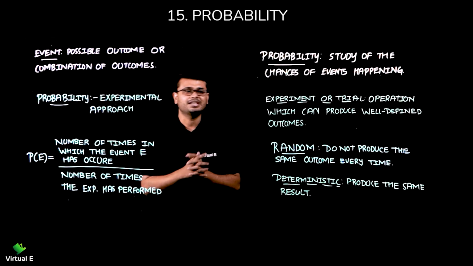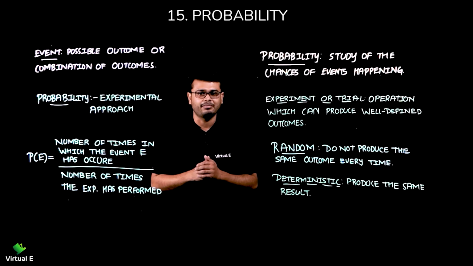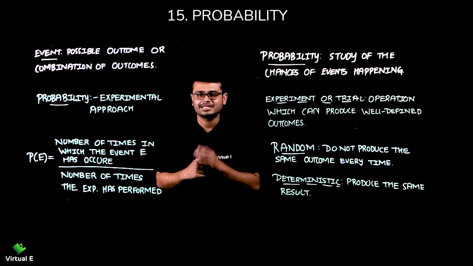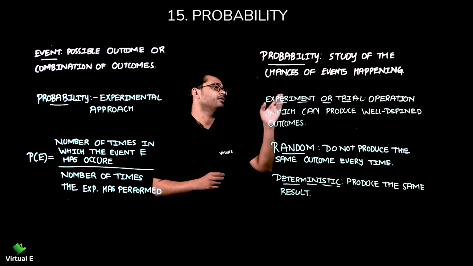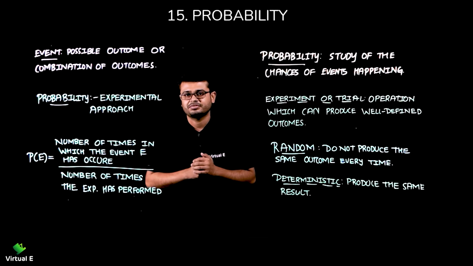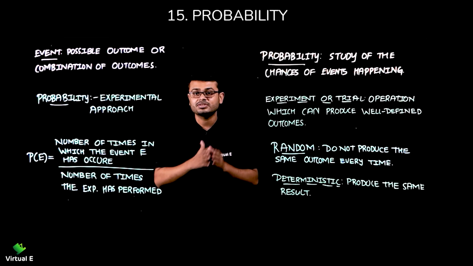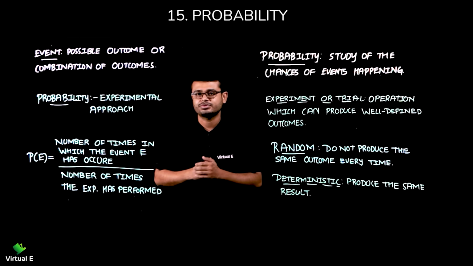First of all, let's start with few definitions that is important to understand the concept of probability. First of all, probability itself. Probability, study of the chances of the events happening. Why are we studying it first of all? The reason we are studying, we want to know what are the chances of something happening in the future. Suppose you take about the match only, your favorite team.